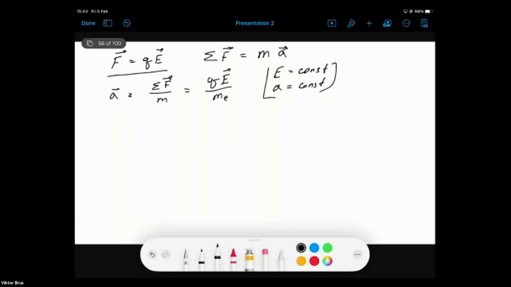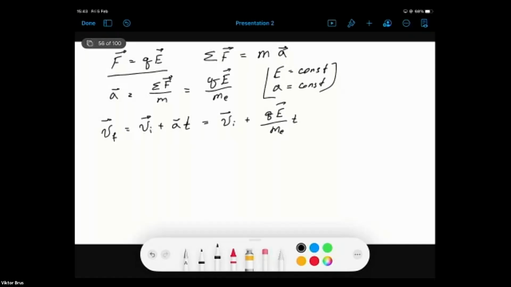So if we consider acceleration constant, then we can calculate the final velocity. It will be the initial velocity plus acceleration times time t, which is equal to v initial plus Q times E divided by m_e times t.